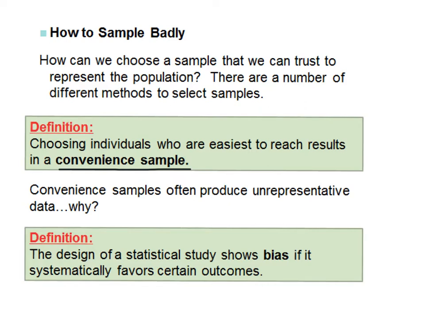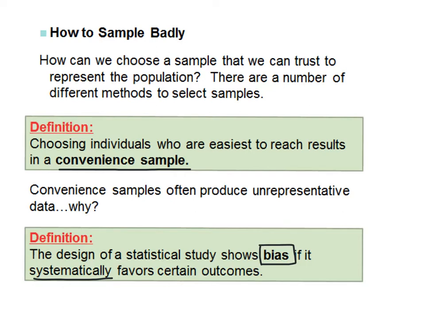Okay? This is a term to get to know. When that happens, it almost always inevitably systematically favors certain outcomes. That's what bias is. It takes some outcome of whatever data you're gathering and makes it more likely than it really should be. Okay? That's what bias is all about.